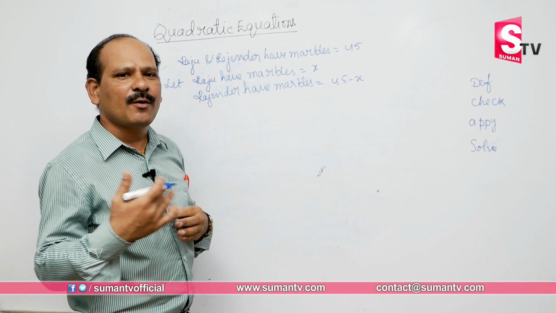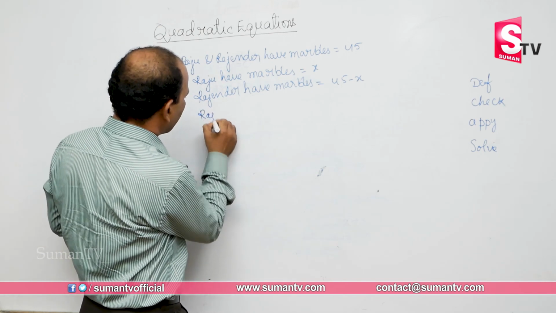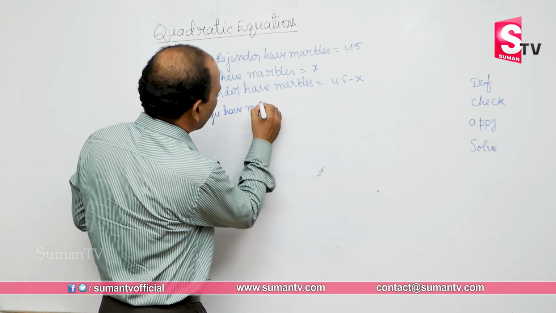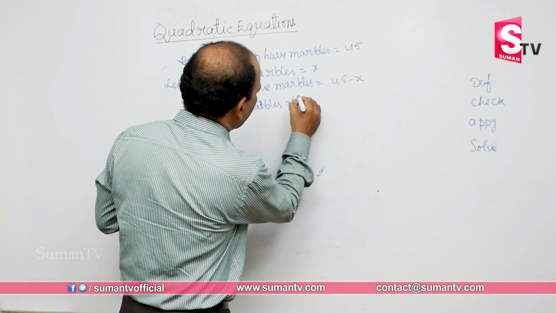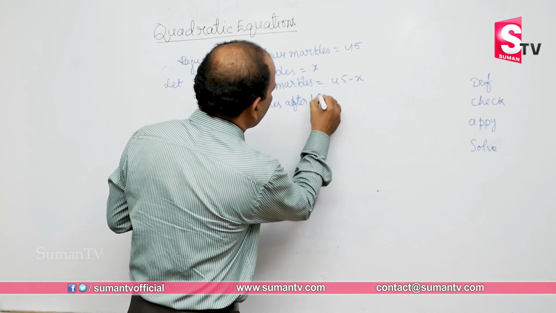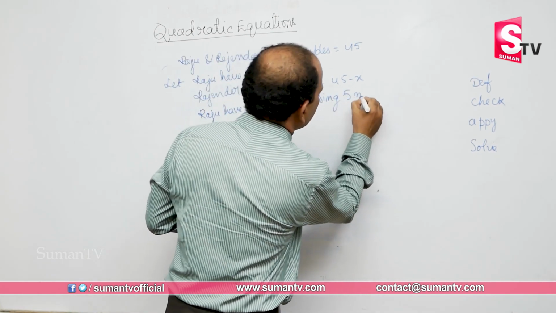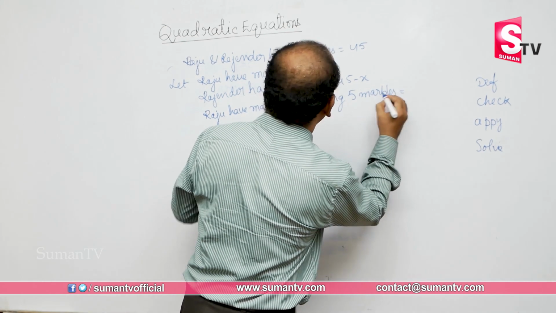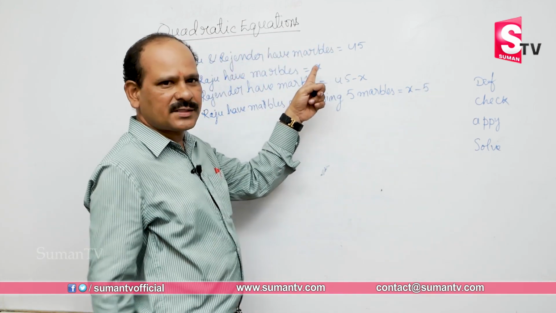After losing 5 marbles each, Raju has marbles after losing 5 equal to x minus 5. Why? Because he is losing 5 marbles from x.